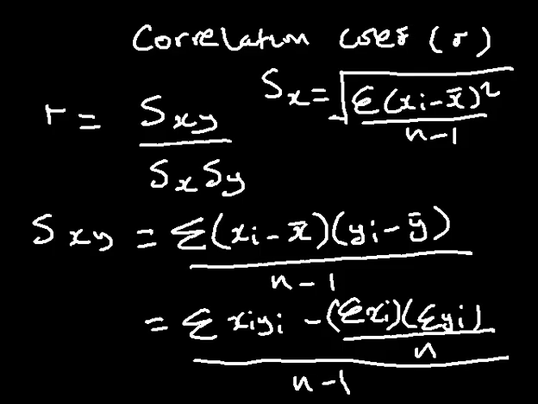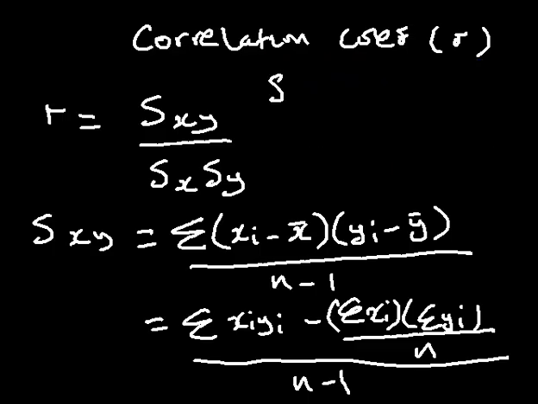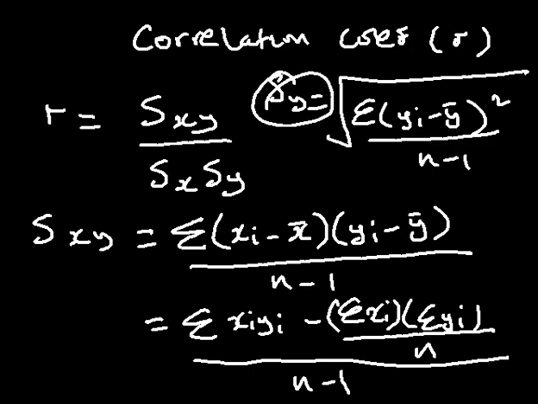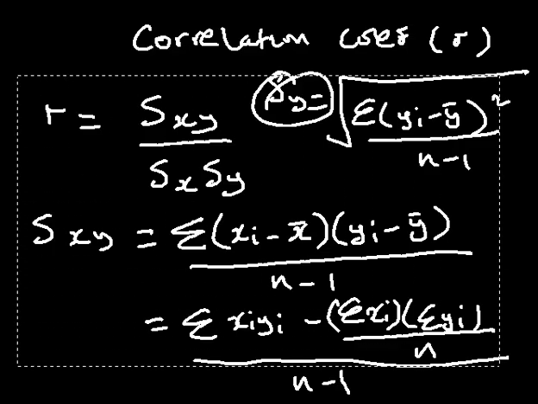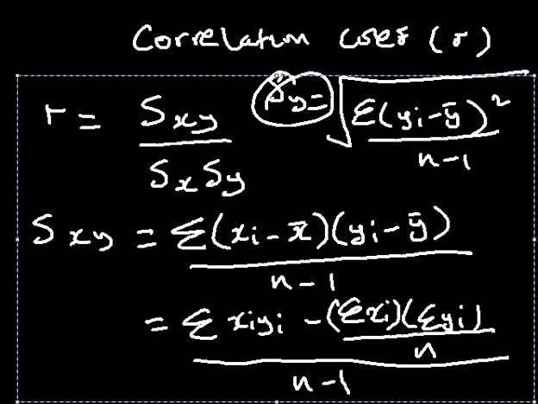Likewise, the standard deviation for y is calculated in the same way: s y is equal to the square root of the summation of (yi minus y bar) to the power 2 divided by n minus 1. In other words, these are the same formulas we used on the measures of dispersion. So that's the sample standard deviation you should get.